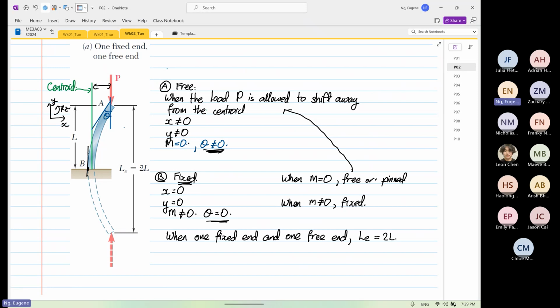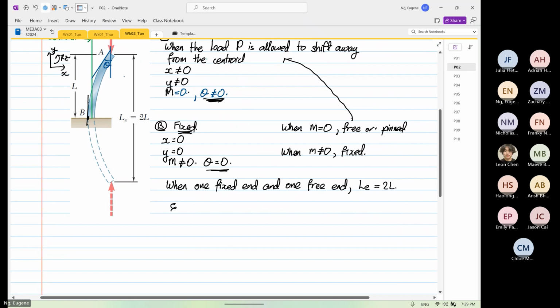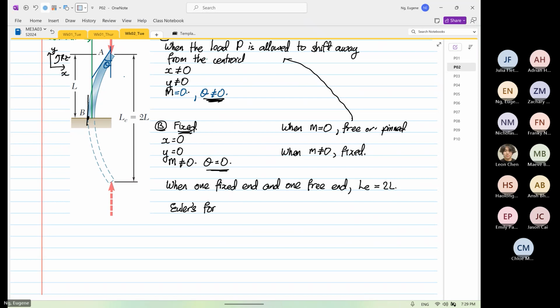So it's not equal to L. Now if we were to use Euler's formula, we calculate critical stress, which is equal to pi squared E over (LE over R) squared.